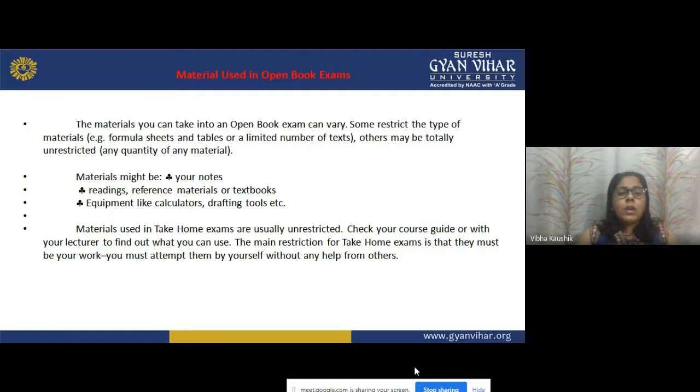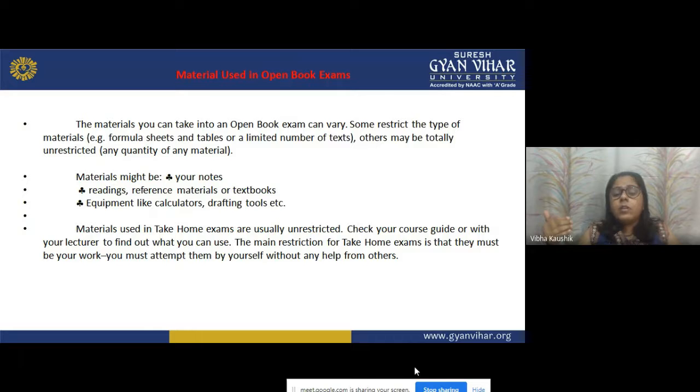Others may be totally unrestricted, any quantity or any material, where you can take any textbook, any reference material, handwritten notes, anything along with you for giving the exams. The material might be your notes, which you can take for the exam.